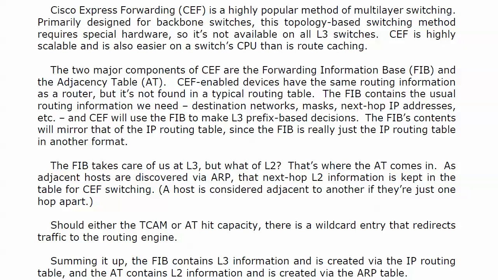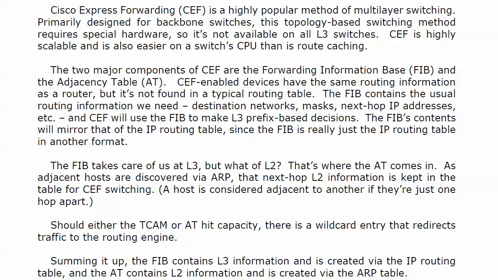The FIB contains the usual routing information that you would think we need: destination networks, the mask, next hop IP addresses, that kind of thing. And CEF is going to use the FIB to make L3 prefix-based decisions. The FIB's content will mirror that of the IP routing table, because frankly, that's what the FIB is. It is the IP routing table in another format.